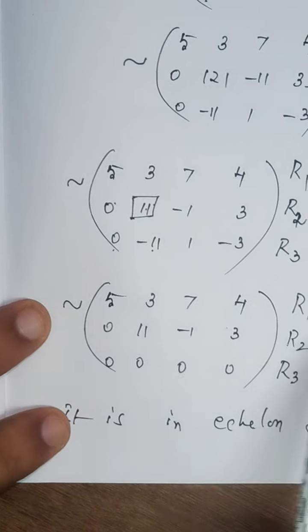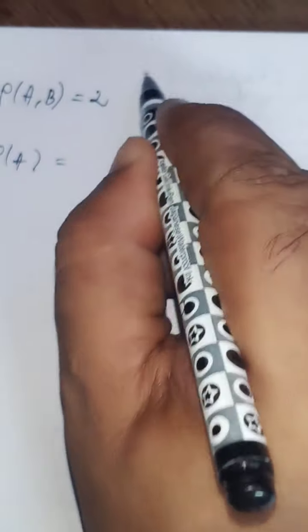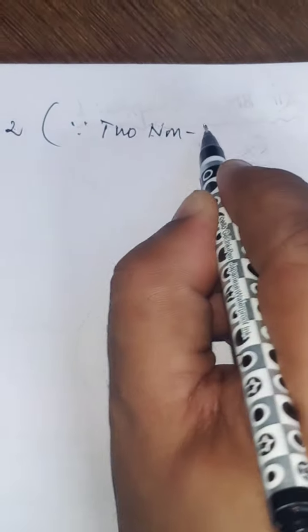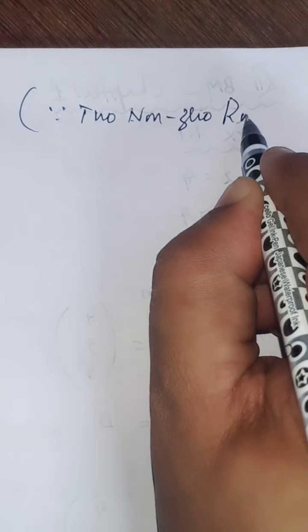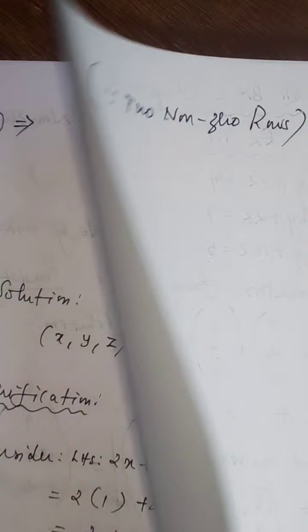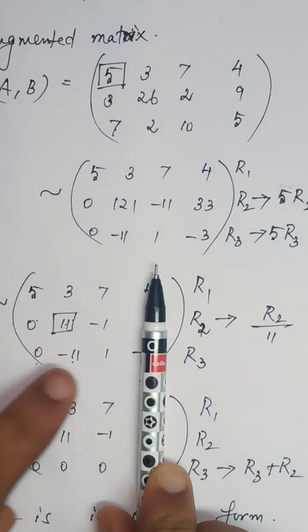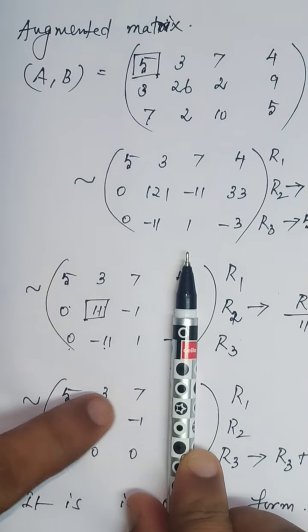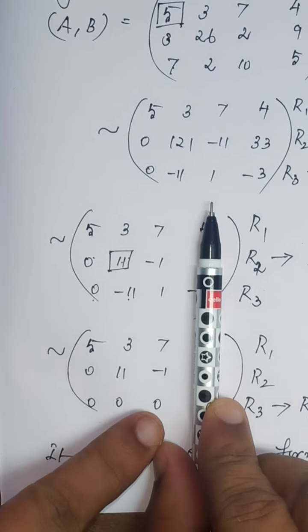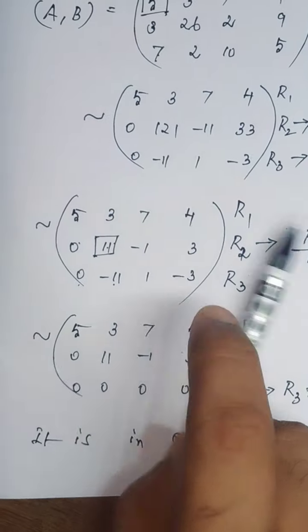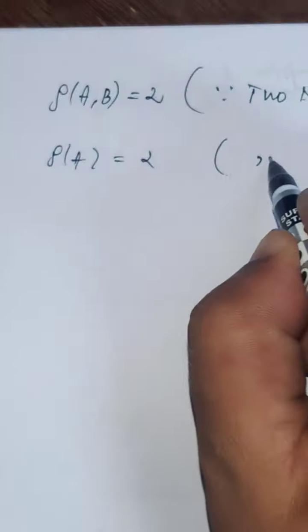So only 2 non-zero rows. Now, for finding the rank of A, leave off the last column. This is matrix A. This is one non-zero row, here one non-zero row, and it is a zero row. Here also the number of non-zero rows equals 2. That is the rank of A.